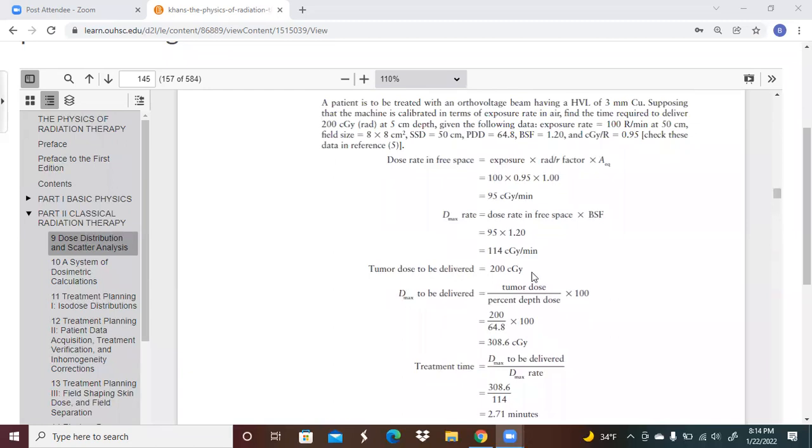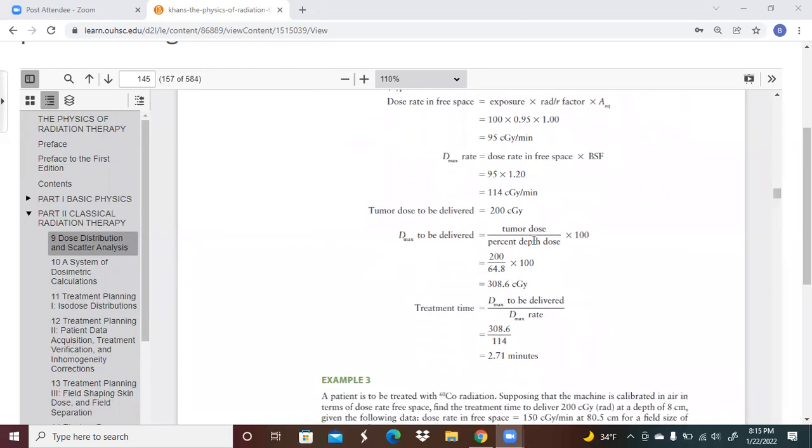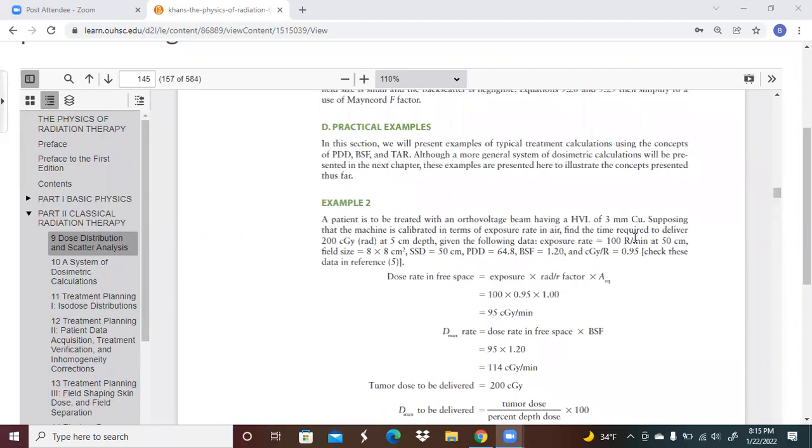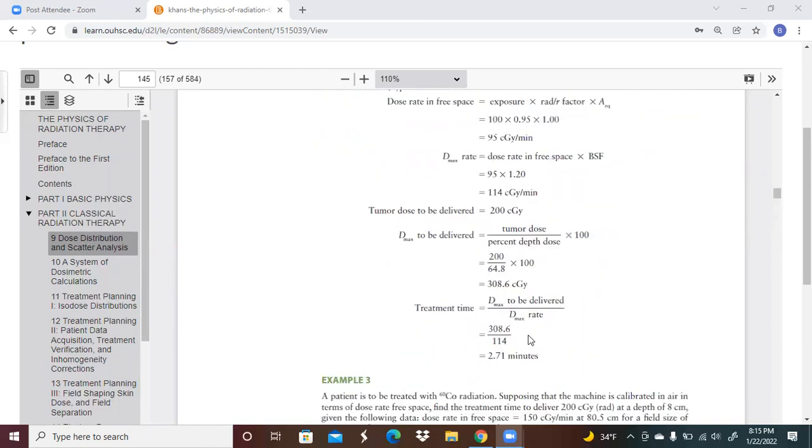And so what we're looking for is a way to take that dose rate information at D max and figure out exactly how much time we're going to need, since the machine is calibrated in terms of exposure rate in air. We're trying to figure out what that amount of time needs to be in order to deliver that amount of dose.